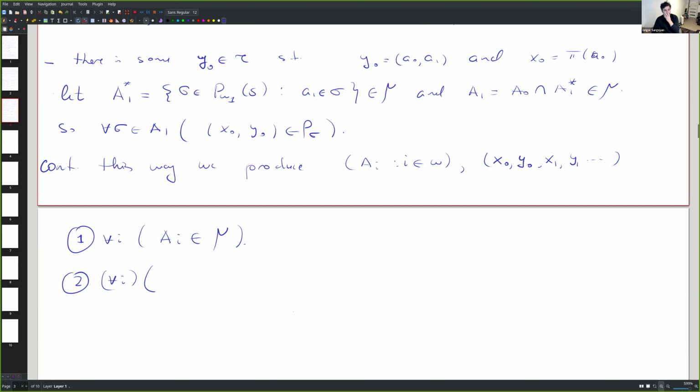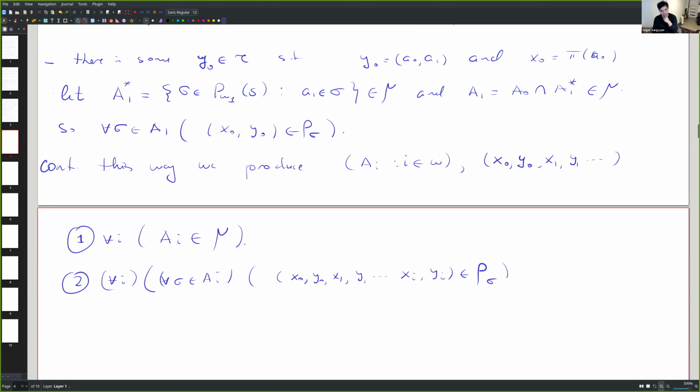Let's see, am I doing this right? Yeah, I think I want to say that for every sigma in Ai, x0, y0, x1, y1, up to xi, yi belongs to rho sigma.